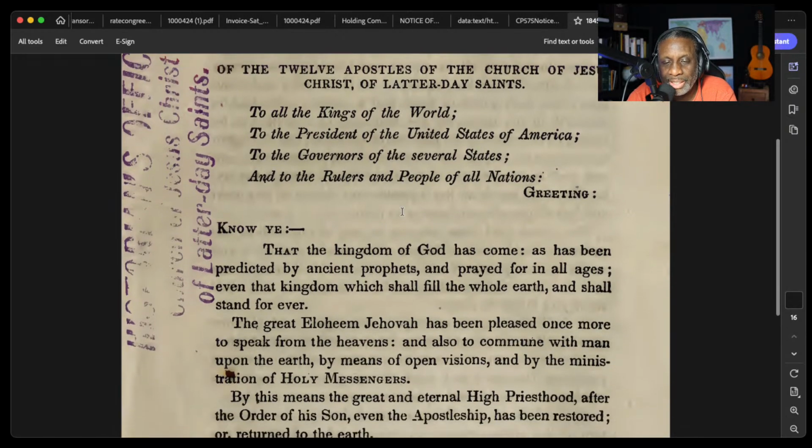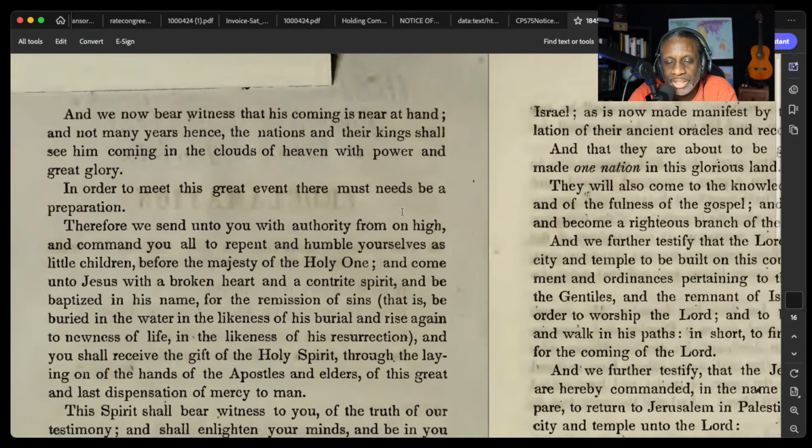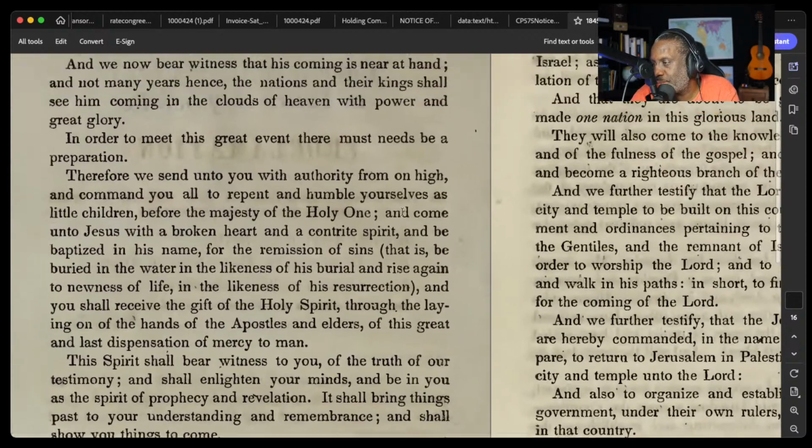Know ye that the kingdom of God has come, as has been predicted by ancient prophets and prayed for in all ages, even that kingdom which shall fill the whole earth and shall stand forever. The great Elohim, Jehovah, has been pleased once more to speak from the heavens and also to commune with man upon the earth by means of open visions and by the ministry of holy messengers. But I'm going to skip some stuff.